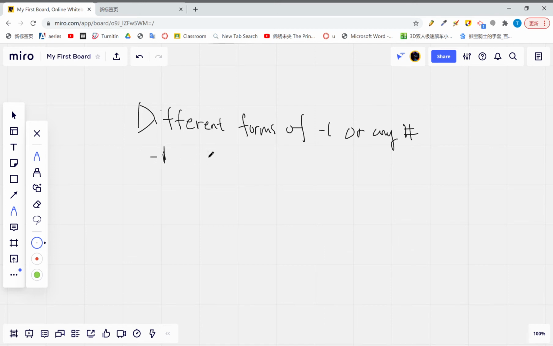Negative 1 can be negative 1 by itself, right? But then it also can be negative 1 plus 0i. And then it can also be, okay, there's a third one. The third one, how are we gonna explain? This is Euler's identity, right?